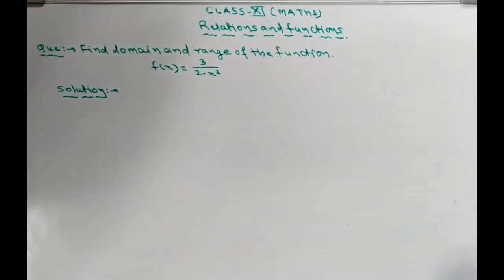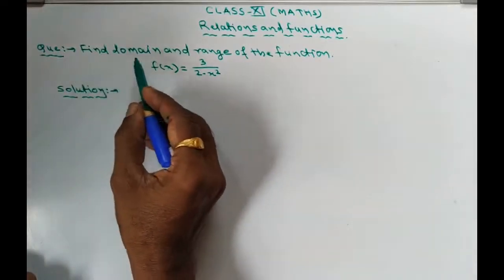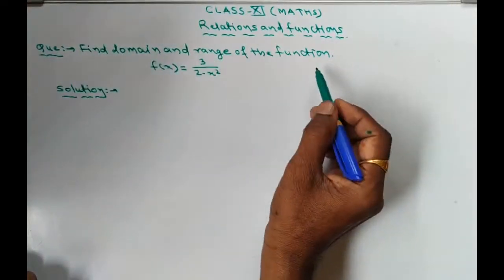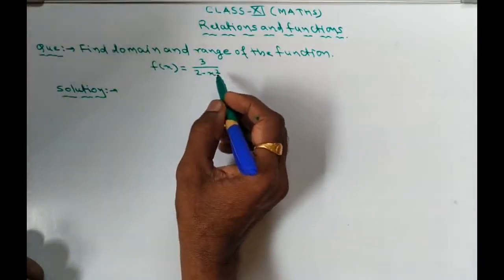Now see next question. Find domain and range of the function f of x equal to 3 upon 2 minus x square.